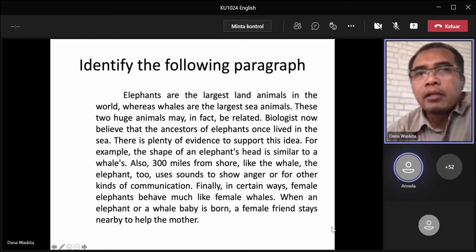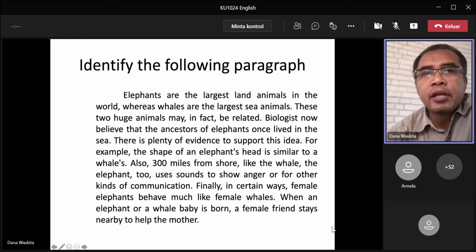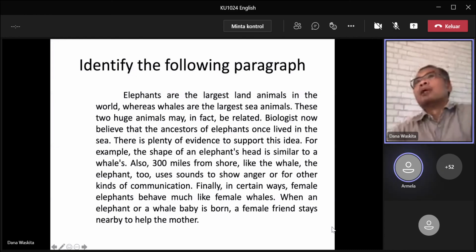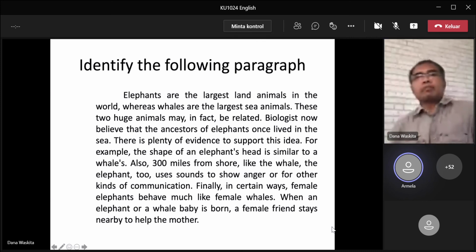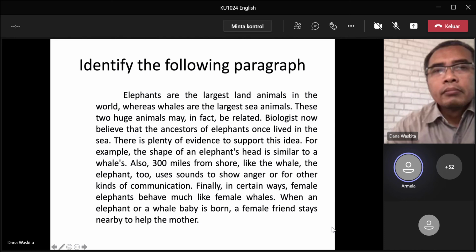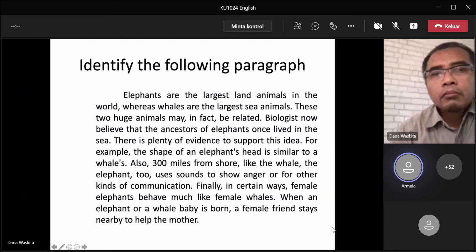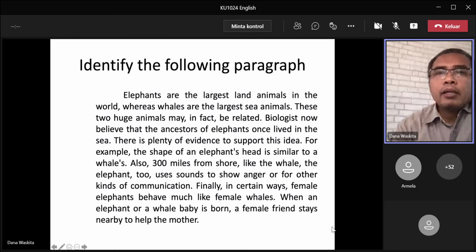In other words, do you think the author wants to express that idea? The author maybe wants to explain how they are related. Ah, so meaning that this is not the main idea, right?